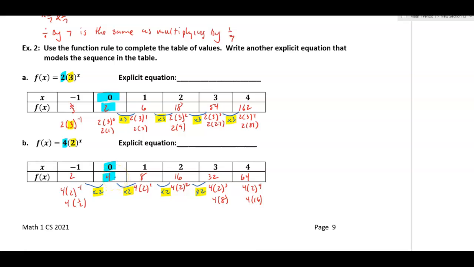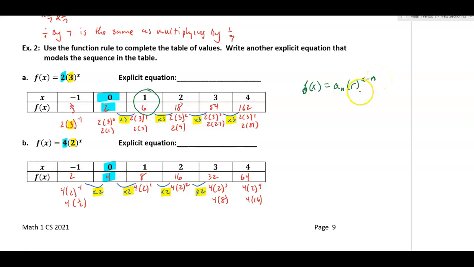Now, what they want you to do is write a new explicit rule. So if I were to use another ordered pair, say I was going to use this ordered pair. If you remember what we said at the beginning, f of x equals a sub n times r to the x minus n.